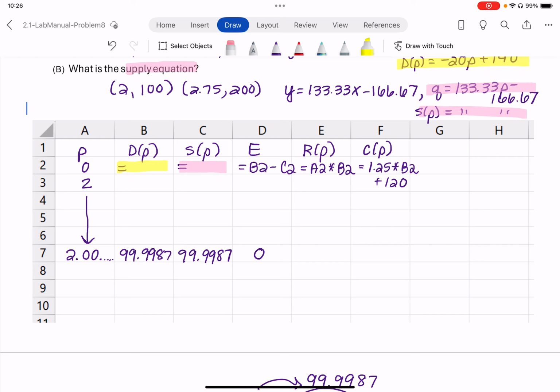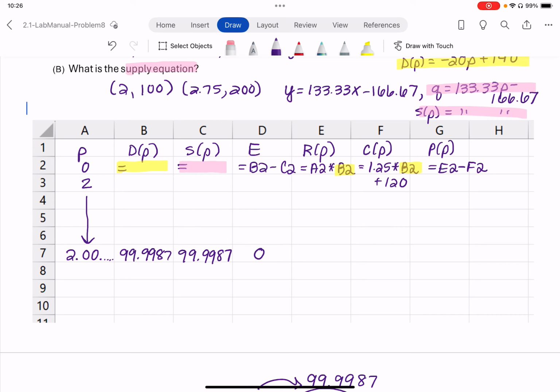And just notice here that we are using that demand cell reference. We're not retyping that formula each time. And then my P of P is going to be my R of P cell reference, which is going to be E2, minus my C of P cell reference, which is going to be F2.